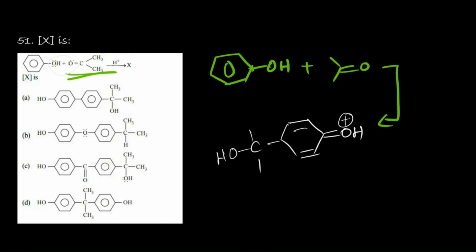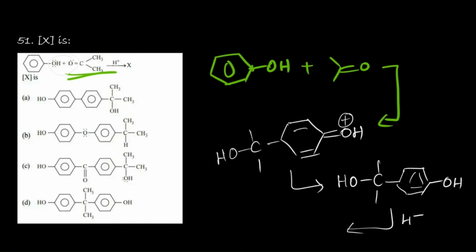After that it will again be attacked by phenol and undergo rearrangement to produce OH, C, CH3 with phenol, but it will not stop here. Again it will undergo reaction with H plus, taking up another mole of phenol to produce a bisphenol kind of structure.